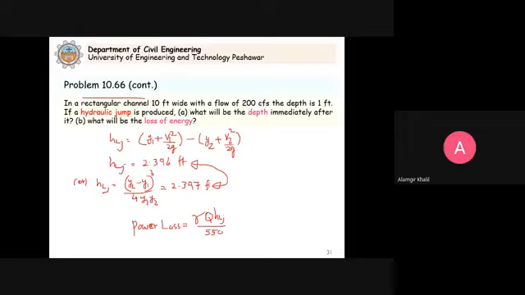We have all the values here. This gamma will be 62.4. So this will be equal to 54.37 horsepower. Take care of the system of units. Remember gamma 62.4. So this is how we analyze the problem. Maybe one more problem we will solve in the coming class.